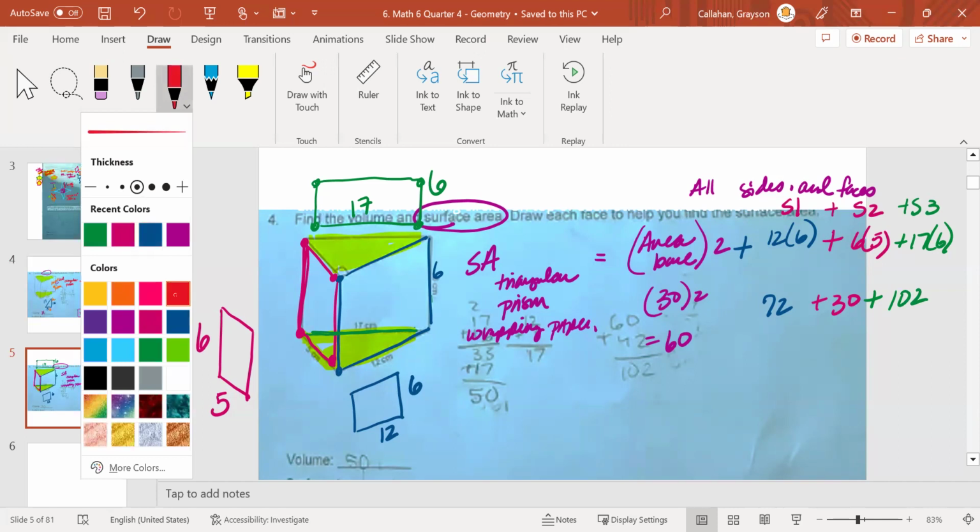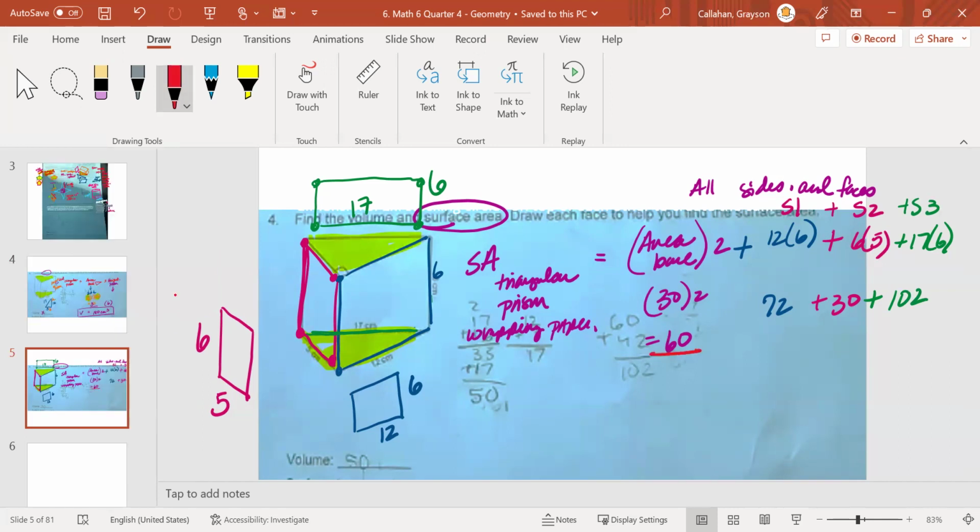So grab your calculator. 60, which is the area of the 2 bases, right? Plus side 1, side 2, side 3. What's your answer? That's not what I got.